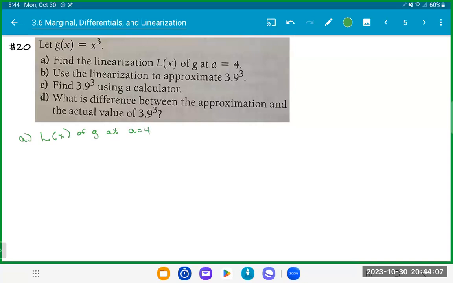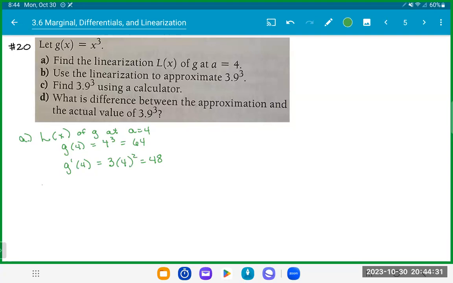That's what it's asking for. We'll evaluate g at 4, and that is 4 cubed, which is 64. And g prime evaluated at 4 is 3 times 4 squared, which equals 48.